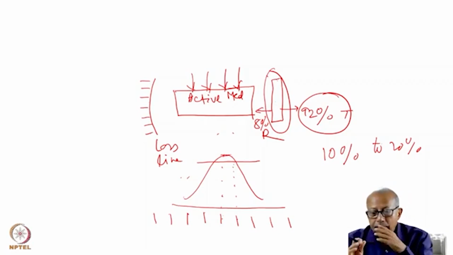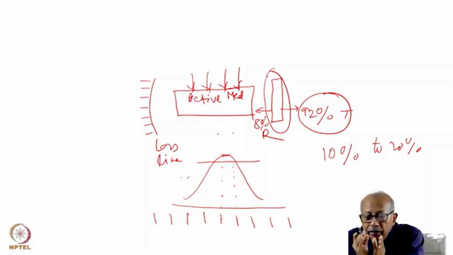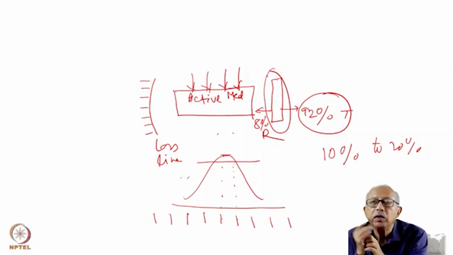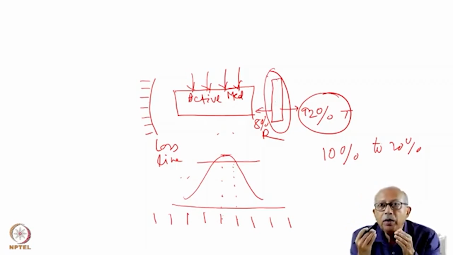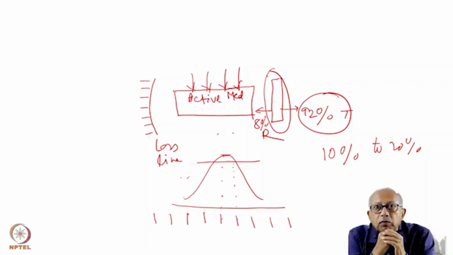You must have a method to manufacture such partially transmitting mirrors of varying transmission rate, because different lasers may require different levels of loss for optimized performance.